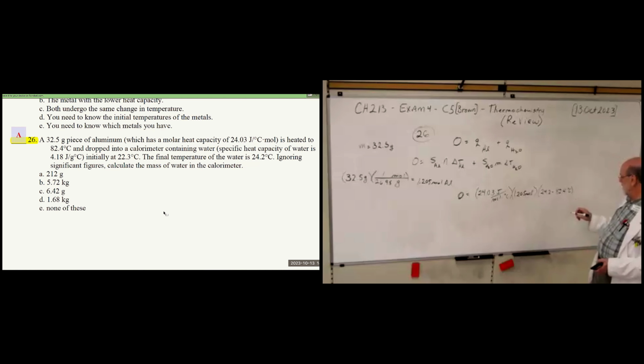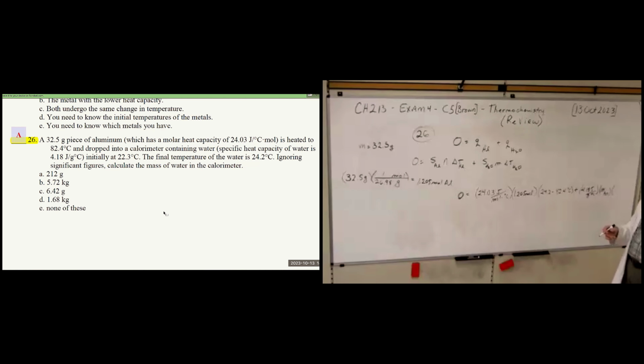Okay. Then for water, S for water is 4.18 joules per gram degree C. How many grams of water? That's the question. The mass of the water, that's the unknown.